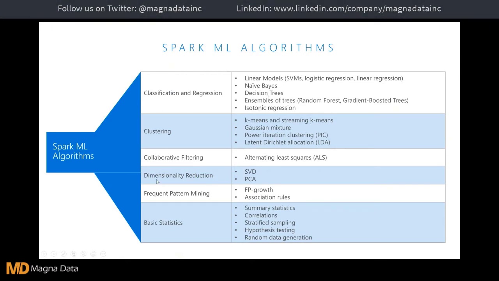So here are some of the categories of algorithms. You have classification and regression, clustering, collaborative filtering, dimensionality reduction, frequent pattern mining, and basic statistics. Classification and regression, easy, right? You want to process pictures and see, whatever, male versus female.